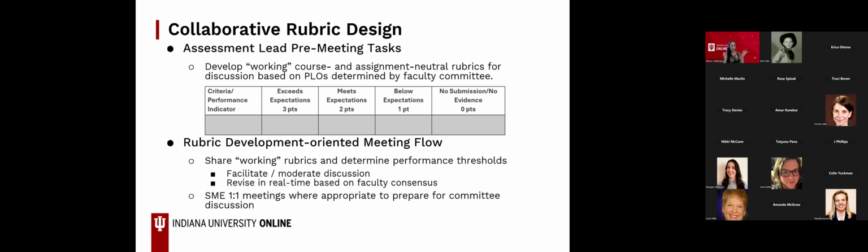So we had to squinch and rearrange things as examples to start with. We leverage other rubrics that we have found from our assessment listservs and our assessment colleagues across all universities. We leverage anything we've got.